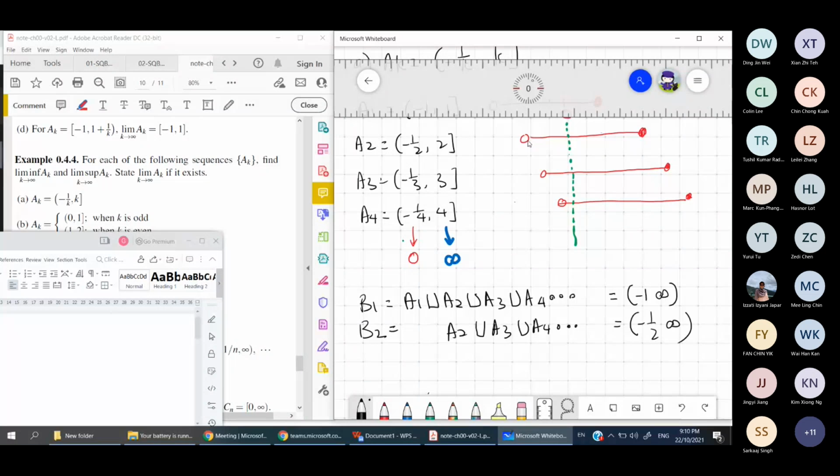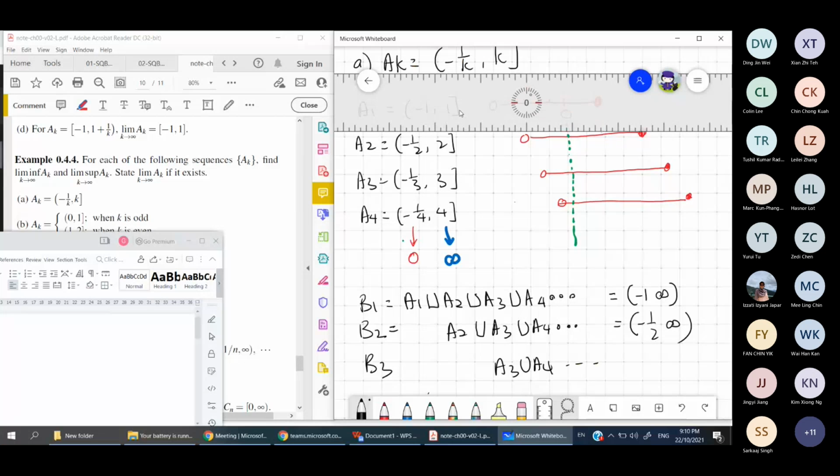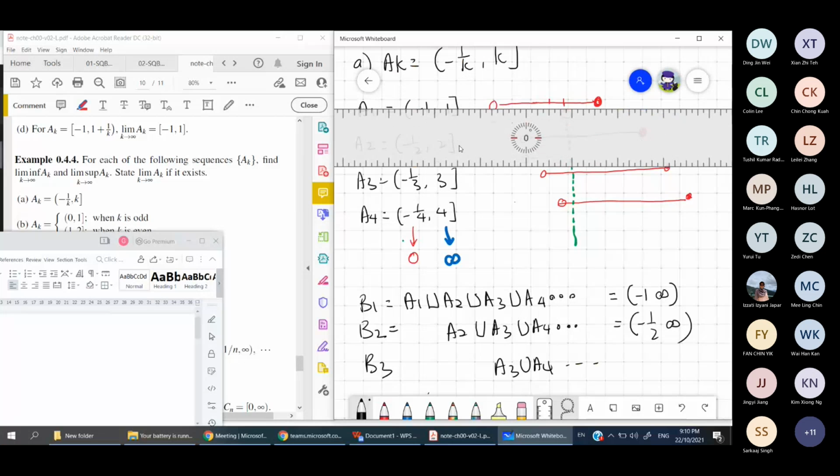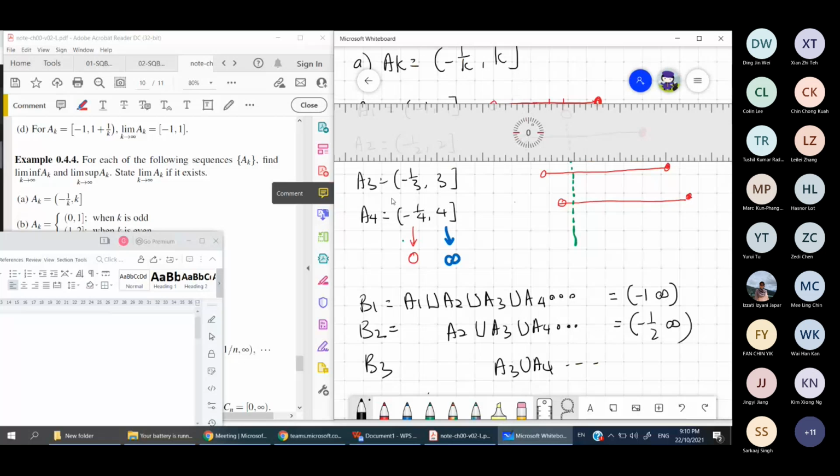And similarly, when you come to B3, we begin with A3 union A4 and so on. So we begin from here, and similarly we get -1/3 up to infinity.